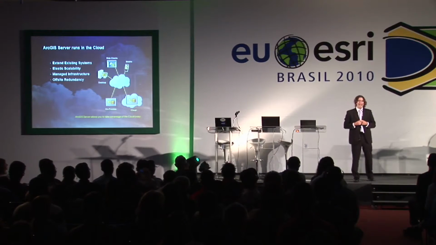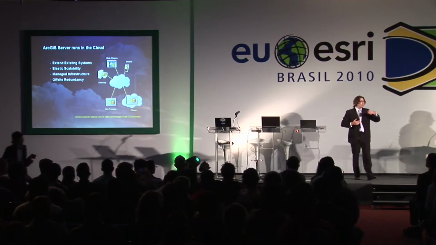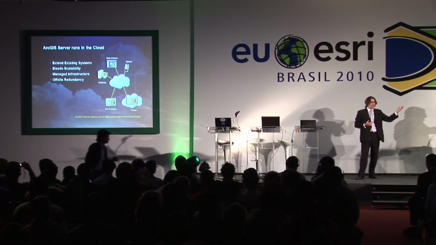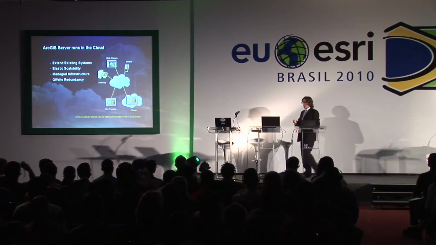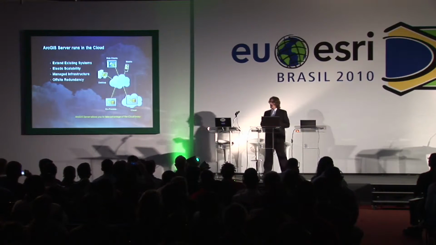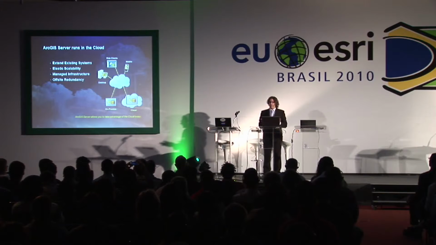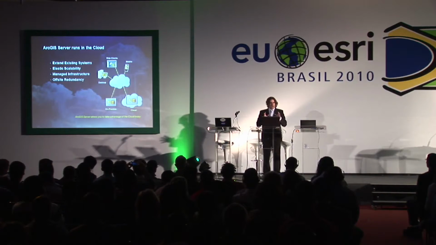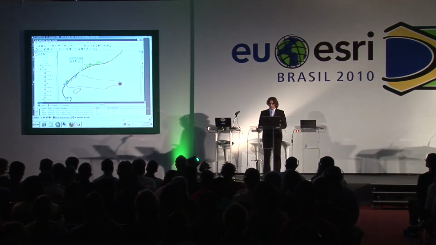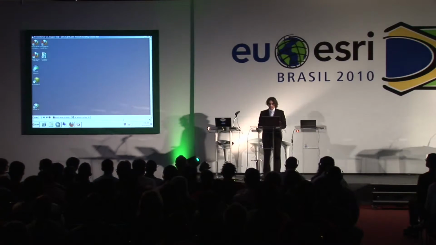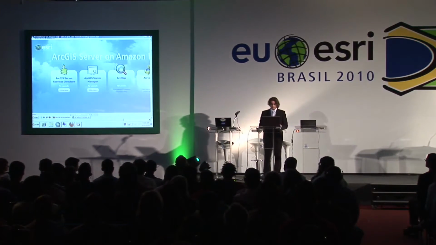That's what we call a cloud infrastructure. There are computers out there that you can access in the cloud. In fact, all the demonstrations I did today with the services are running in the cloud. All of them. They are running in an ArcGIS Server machine, which is running in the Amazon cloud. This is the machine I was using.